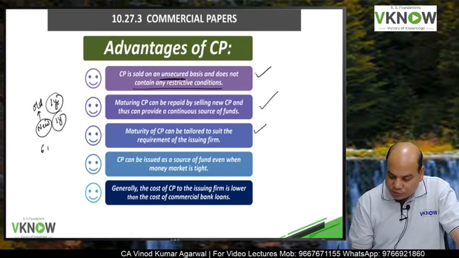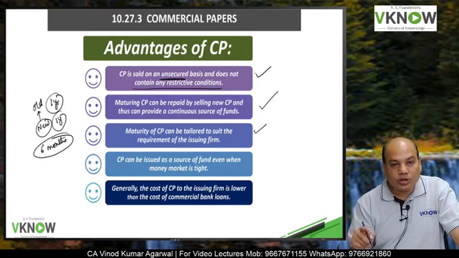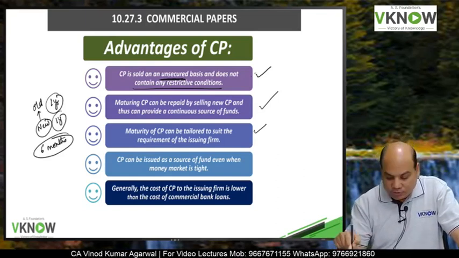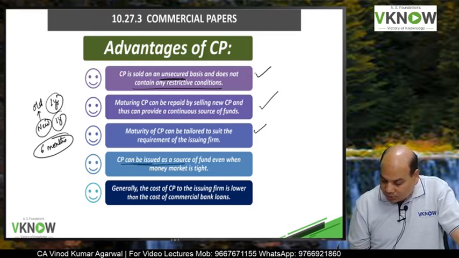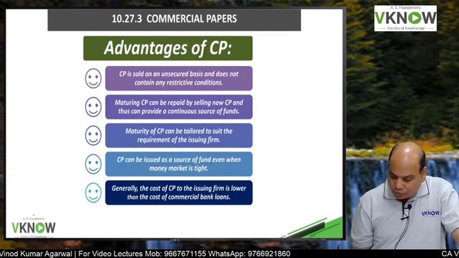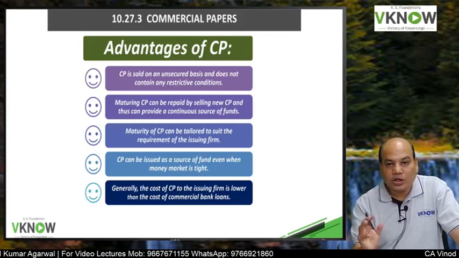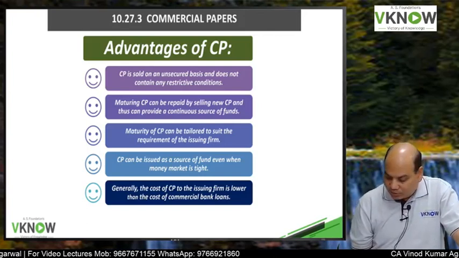Suppose you need funds for 6 months only. You can issue commercial paper for 6 months, and commercial paper can be issued as a source of fund even when the money market is tight. That means if you are not able to raise funds from other sources, you can raise funds from commercial paper.